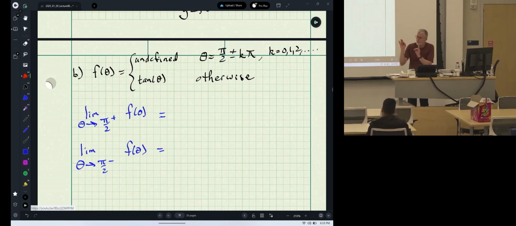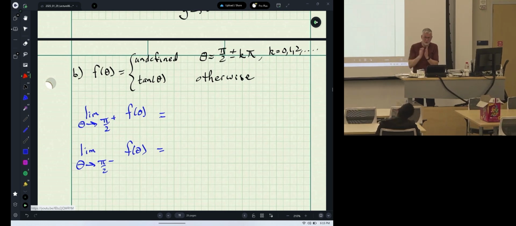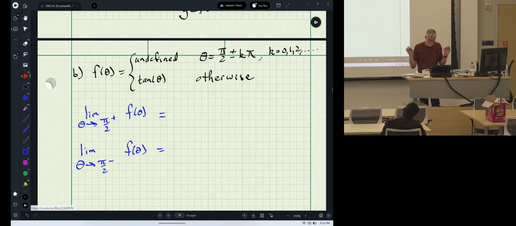Feel free to draw a graph, okay? Help yourself out. It's tangent theta, and you know tangent theta is periodic, period pi. Draw the graph, and at pi over 2, you're dividing by 0, so it's not defined there. And the same thing for 3 pi over 2 and minus pi over 2, etc.